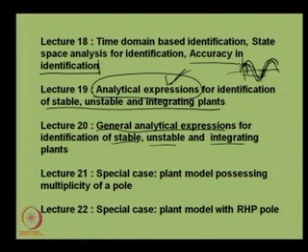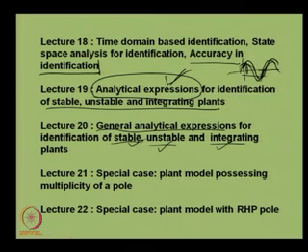Why are those known as general analytical expressions? The analytical expressions need not be derived one each for stable or unstable or integrating plants, rather the same set of expressions with certain limiting values can be used to estimate the unknown parameters.